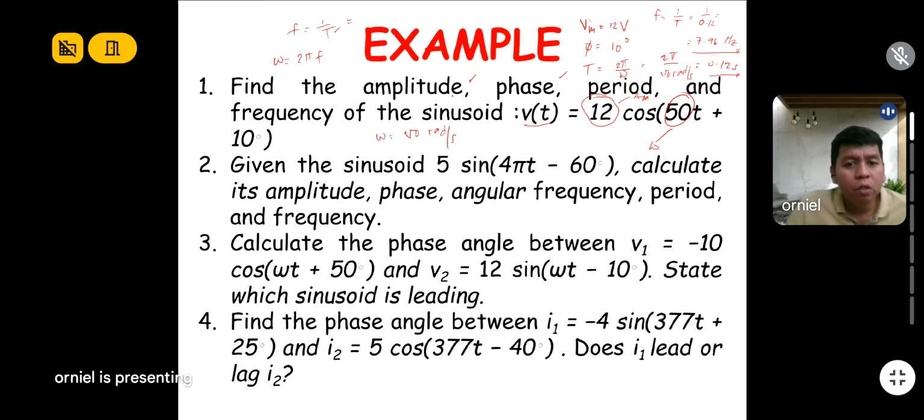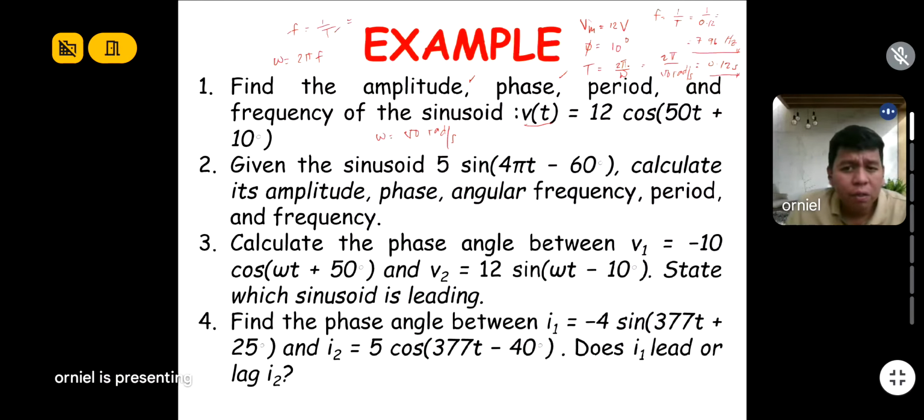So the amplitude is 12 volts. The phase angle is 10 degrees. Also for the period, we have this formula, omega equals 2 pi f.